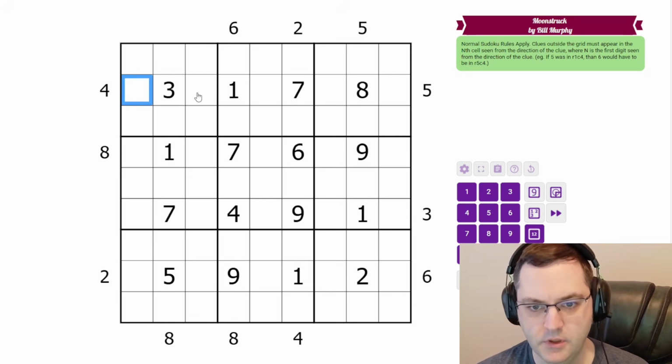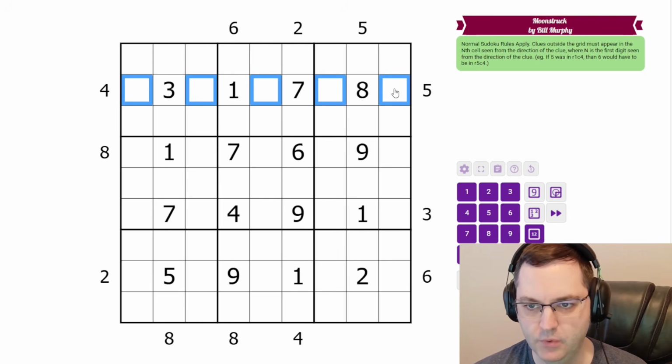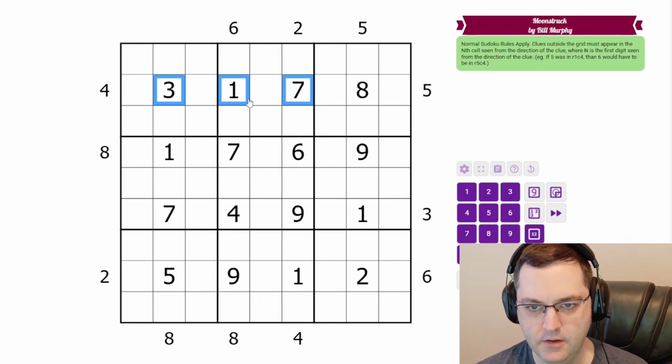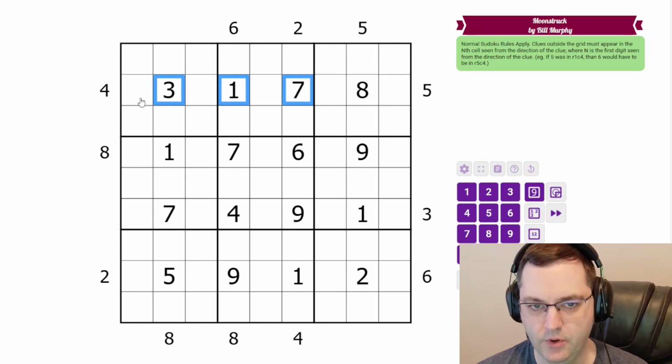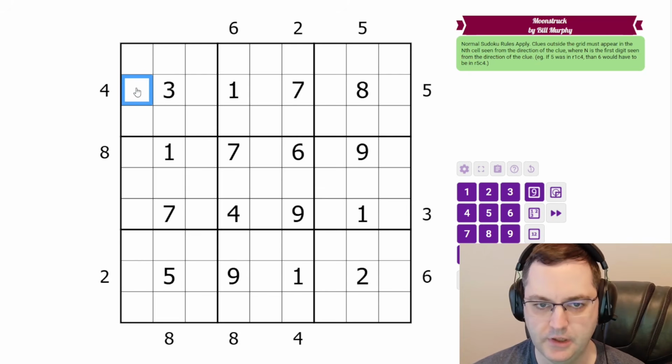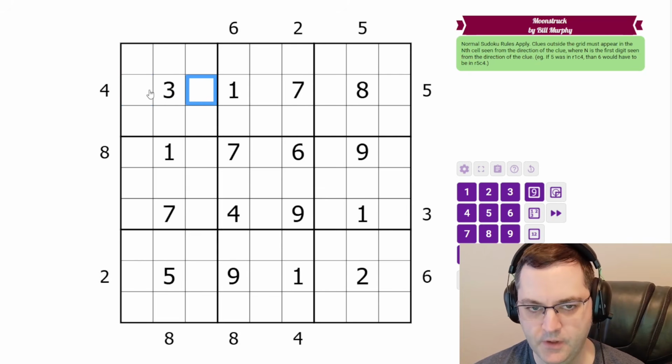So the 4, and this is what Bill has set up all over this puzzle. The only empty cells in this row are the 1st, 3rd, 5th, 7th, and 9th. And 3 of those digits are already in the row. So 4 can't go in the 3rd cell because there's a 3 here, and we would need a 3 here to put it in the 3rd cell. 4 can't go in the 1st cell.